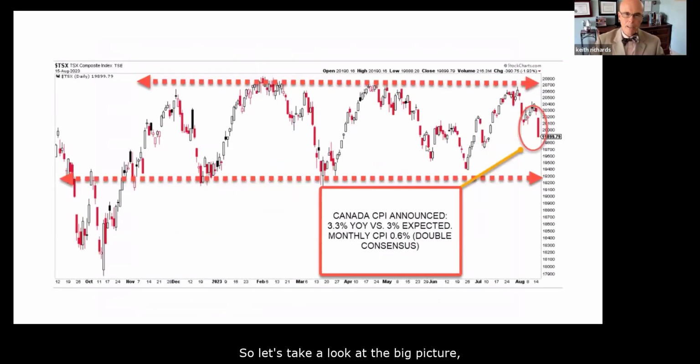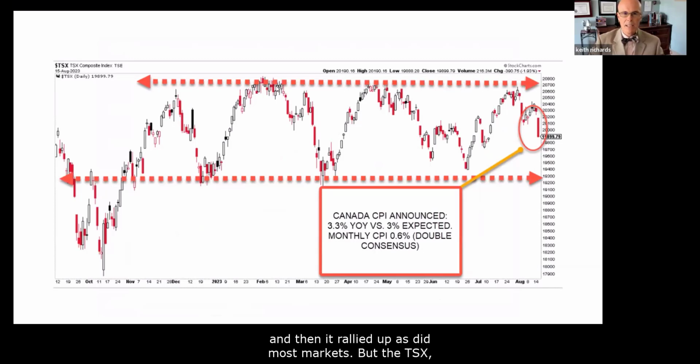So let's take a look at the big picture, which is, sorry, I should say this is the near-term picture. So this is the TSX since the bottom of the overall market crash or correction or whatever you want to call it from 2022. Everybody knows the bottom was in October. There's your bottom. And then it rallied up, as did most markets.